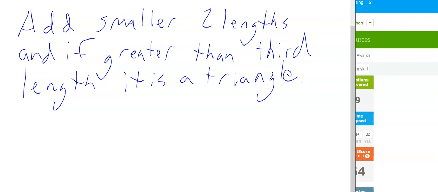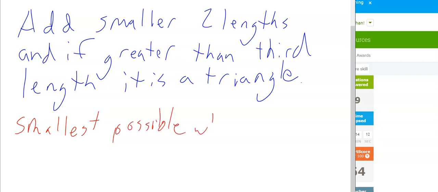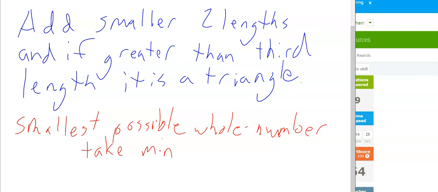If they give you the two small lengths, remember, if they want the smallest possible whole number, take the minimum plus 1.